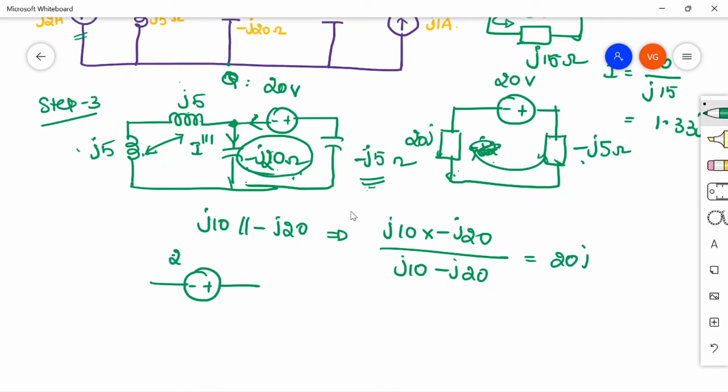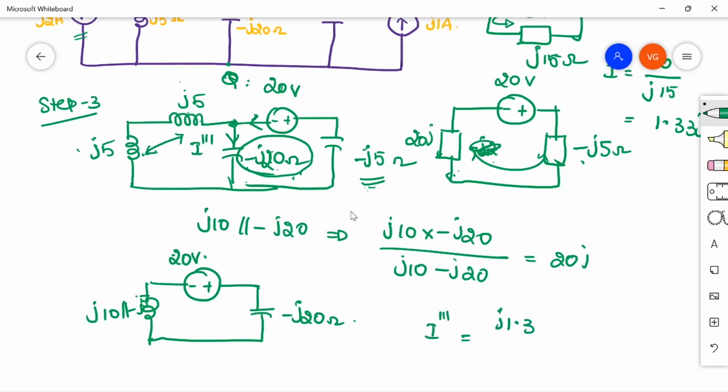If you keep this minus J20 and replace everything, you will be getting this as simply the 20 volt source. If you replace this, you get J10, which is J10 in parallel with minus J5, and then you have one capacitor, minus J20. If you do this calculation, I triple dash, the total current, is J 1.33 into, so the current is coming in this way, the opposite direction compared to the both.